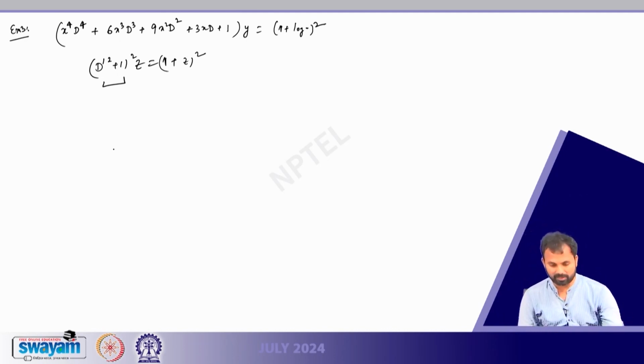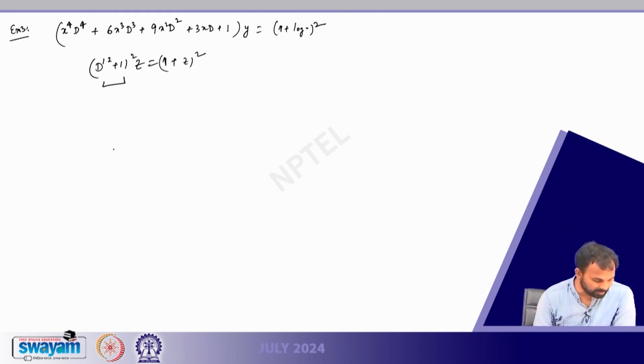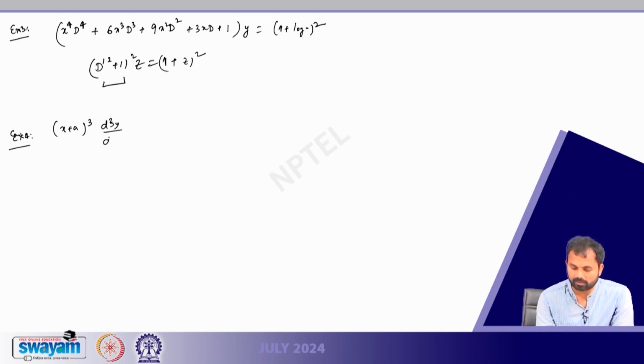We can increase the power if you want. Instead of x to the power 4 and d to the power 4, we can have something like, let us say, another exercise: x plus a whole to the power 3 d3y by dx3 plus 4 x plus a dy by dx plus 6y equals to x, right.